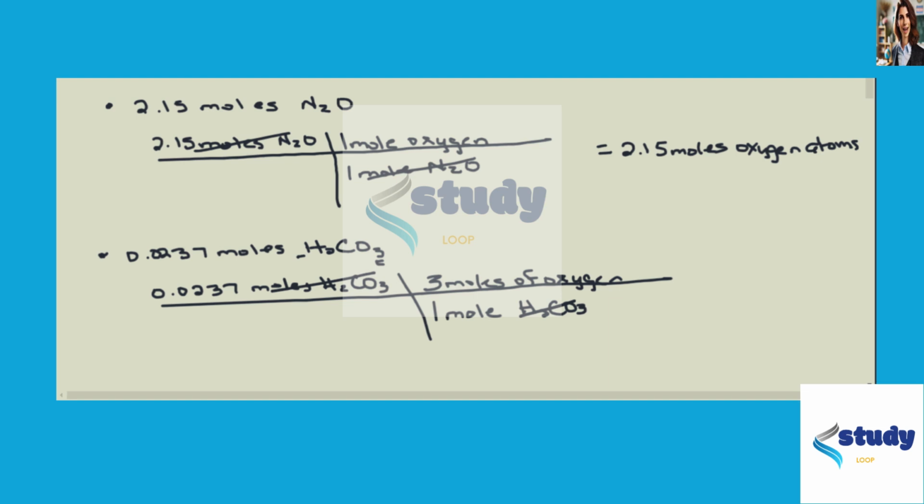And so I basically take those and multiply those together. So 0.0711. So it's a lot like using conversion factors.